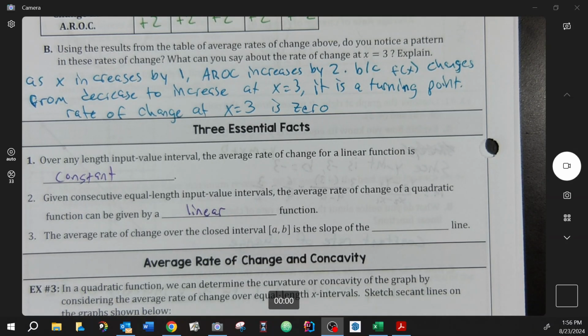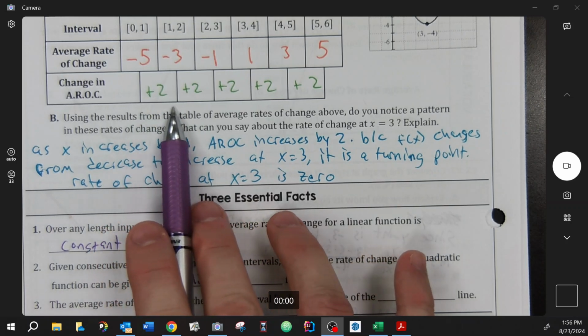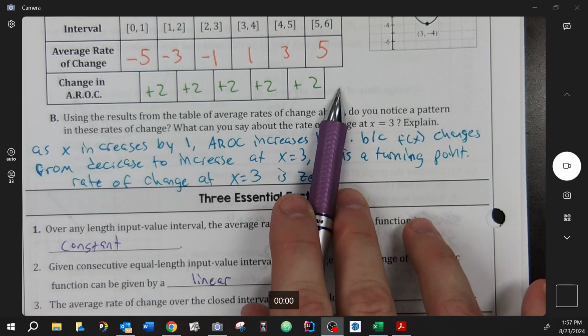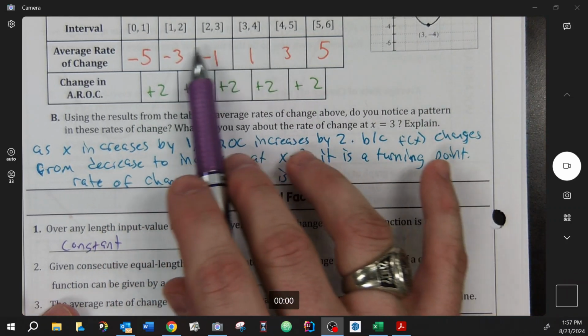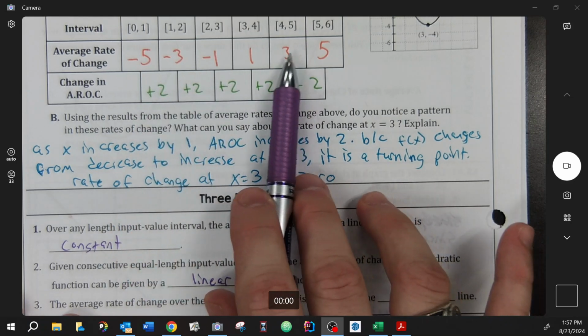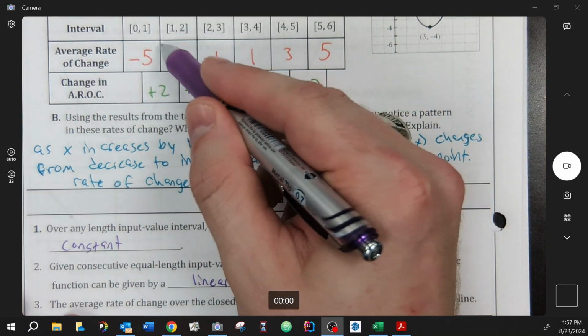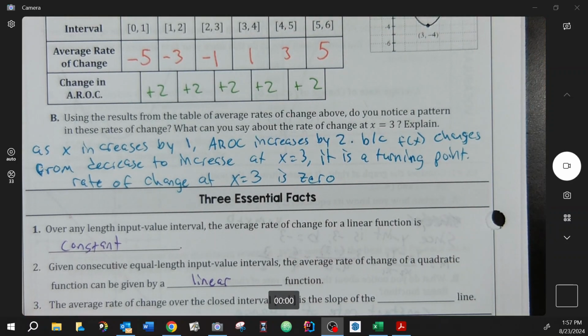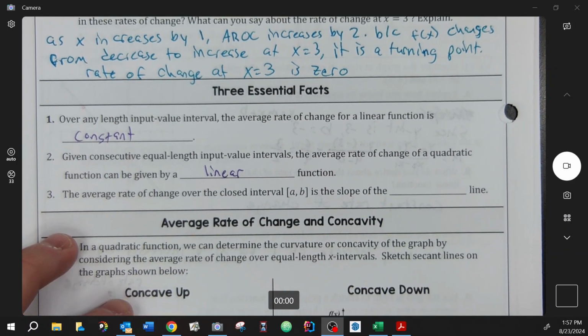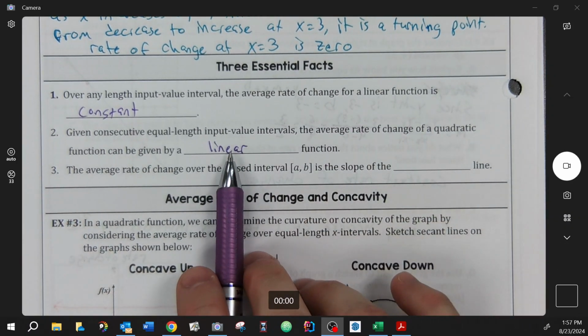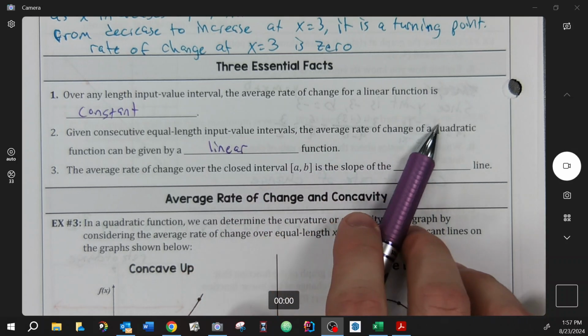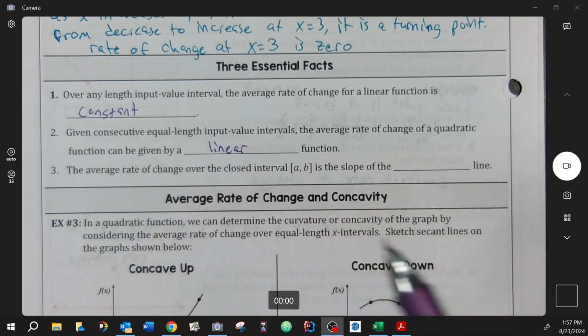I could use this as the slope, and not so much these, but more like the values that would have fallen in between them to write a linear function. And that would have been the average rate of change of a quadratic function.